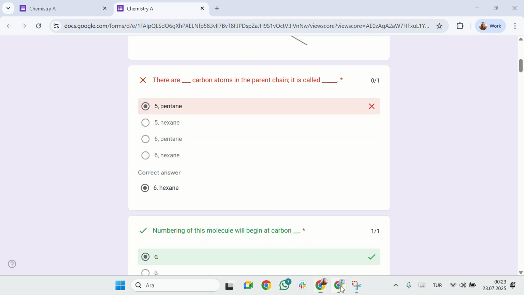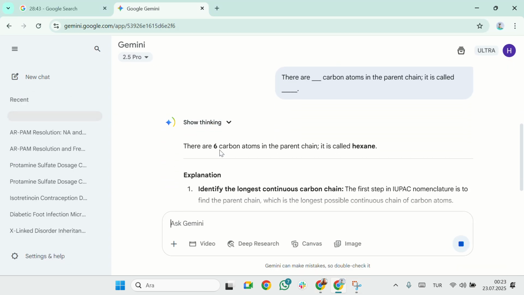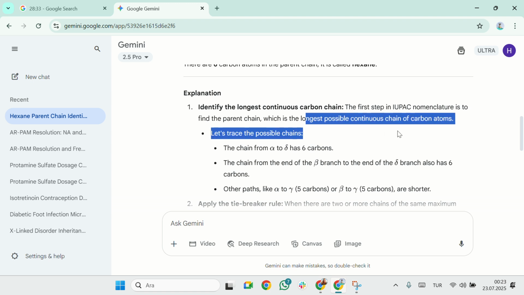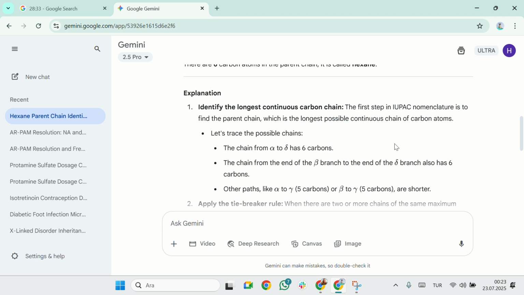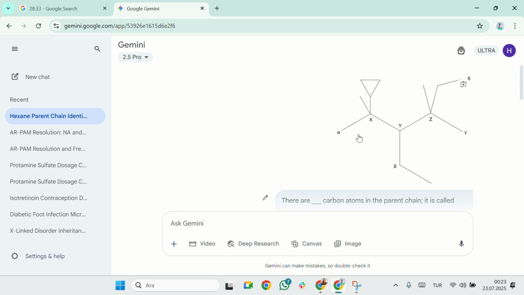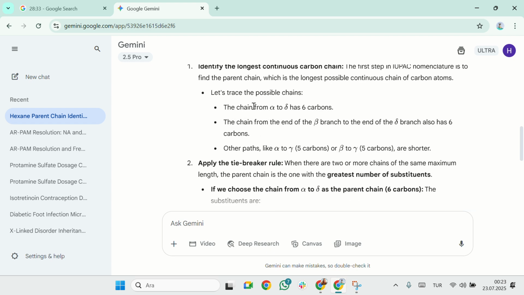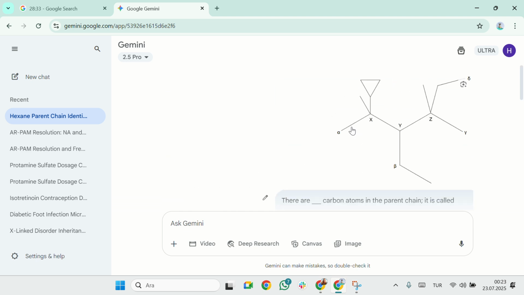Okay, then I am completely wrong. Identify the longest continuous carbon chain. The first step in IUPAC nomenclature is to find the parent chain, which is the longest possible continuous chain of carbon atoms. Longest possible? Oh, now I remember this. The chain from alpha to delta has 6 carbons. 1, 2, 3, 4, 5, 6.